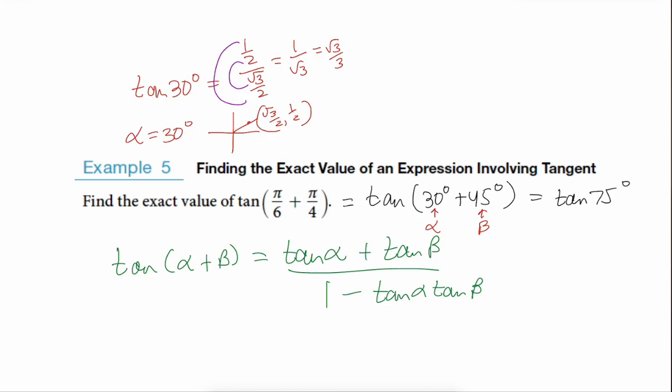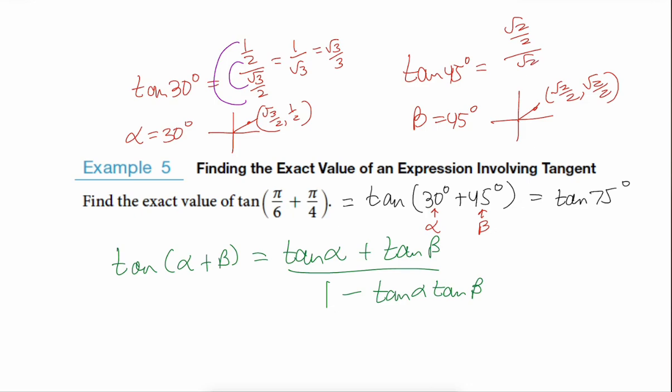Now let's do it again for our beta, which is 45 degrees. 45 degrees is the point on the unit circle, square root of 2 over 2, square root of 2 over 2. I hope that isn't a shock to you. The tangent of 45 degrees is going to be the y value divided by the x value.